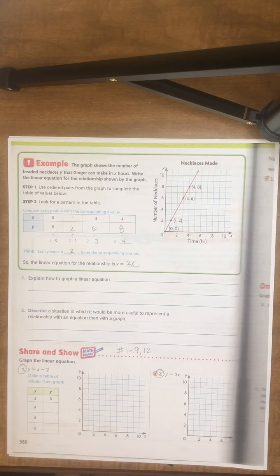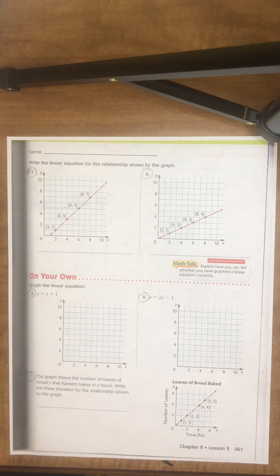So for numbers 1 and 2, you're supposed to graph the linear equation. For number 1, they've already started to set up a table, but they don't do that for number 2. So you're going to have to do that yourself. For number 3 and 4, you need to write the linear equation for the relationship shown by the graph.